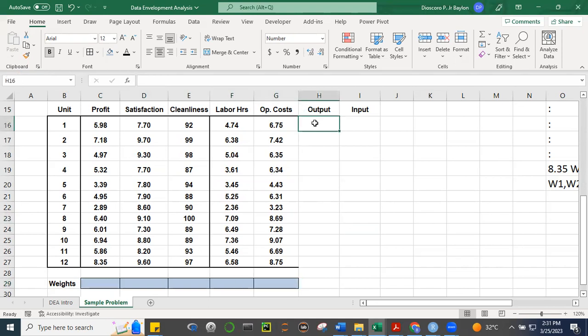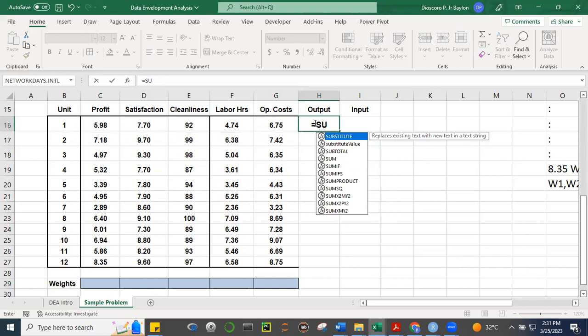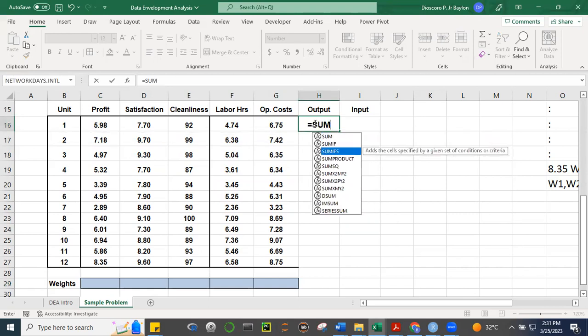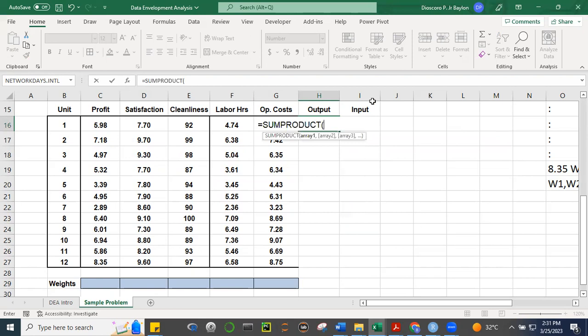Okay, so that our equation will be the sum product of our outputs multiplied by the output weights there.